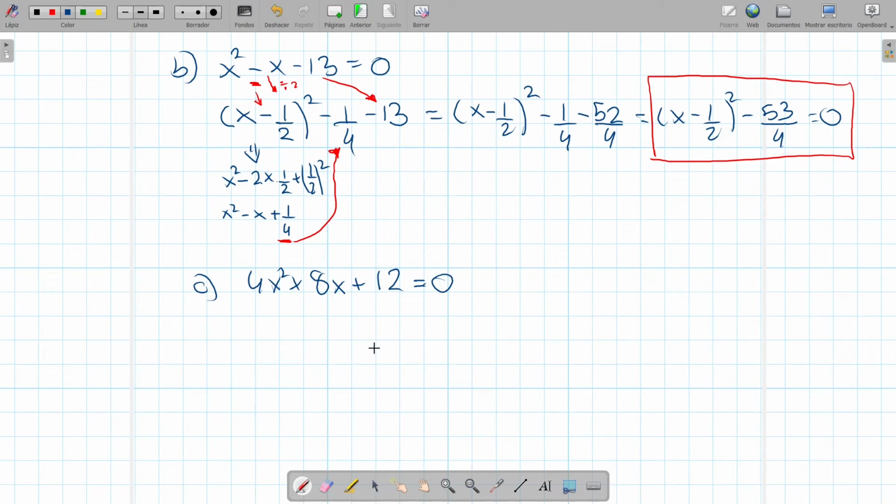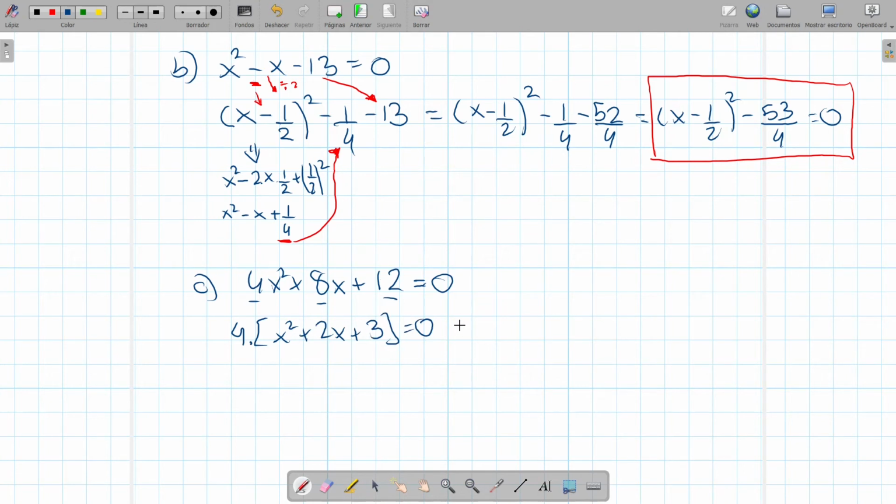The first thing we need to always look for in mathematics is whether we can simplify or factorize. Every term here can be divided by 4, so we extract the 4, and that's x squared plus 2x plus 3 equals 0.